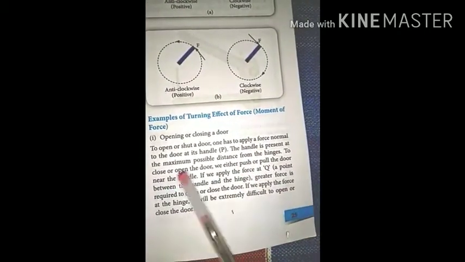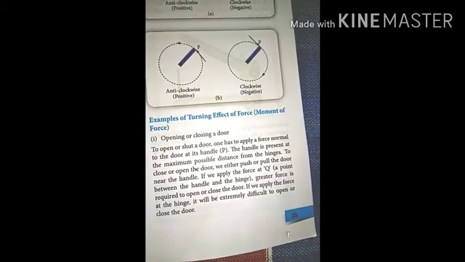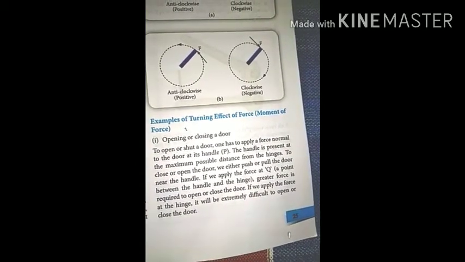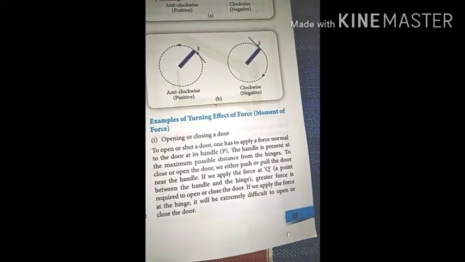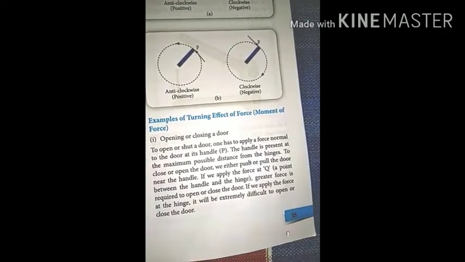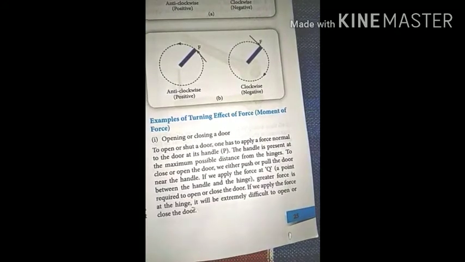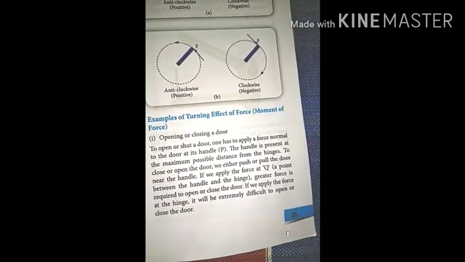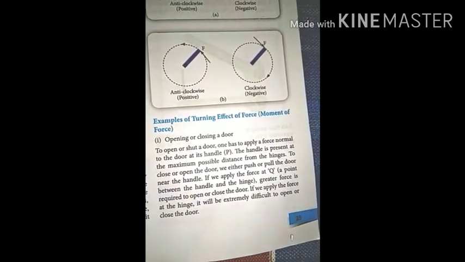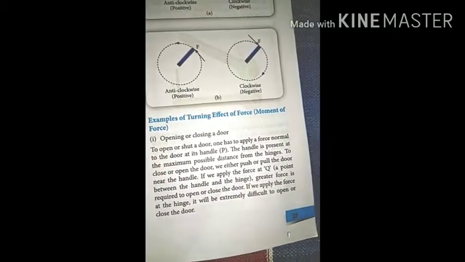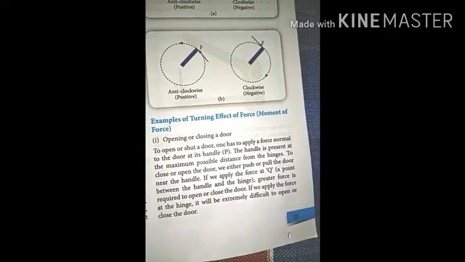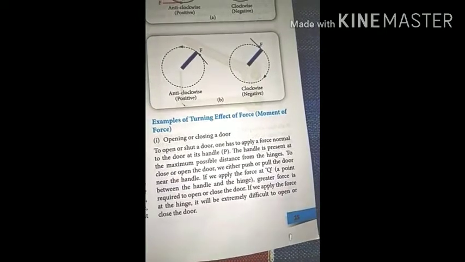The handle is present at the maximum possible distance from the hinges. To close or open the door, we either push or pull the door near the handle. If we apply force at a point Q between the handle and the hinge, greater force is required to open or close the door. If we apply force at the hinge, it will be extremely difficult to open or close the door.